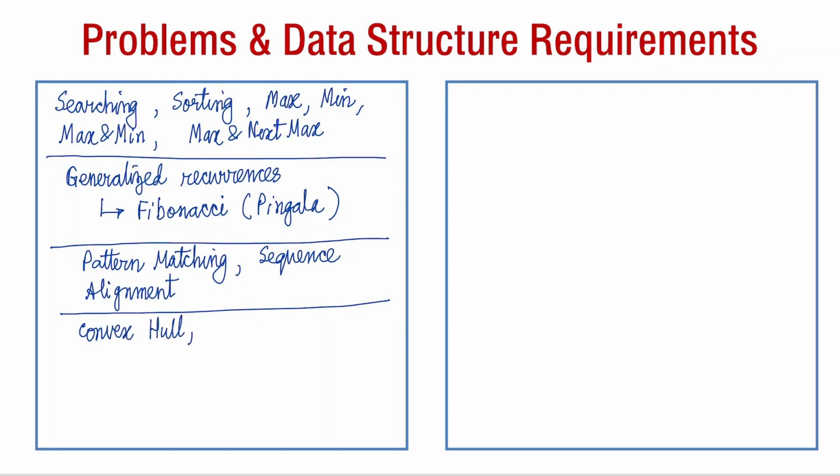We saw problems like the closest pair of points. We saw problems like matrix multiplication. Or we saw multiplication of n-bit numbers.